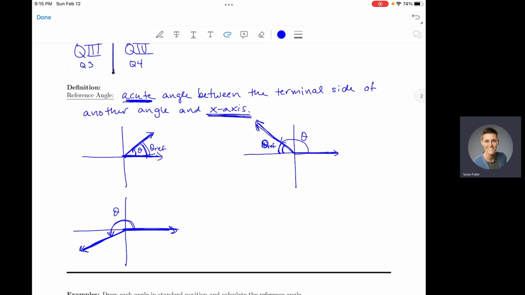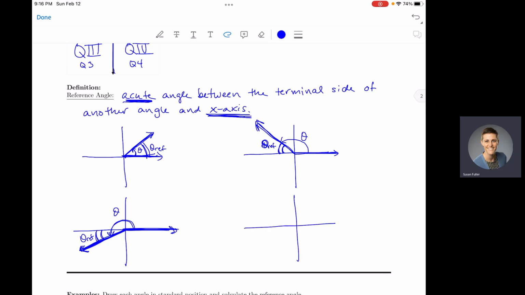Okay, so that's what theta looks like. Where is theta's reference angle? Well, it's the smallest angle between my terminal side here and the x-axis, which is this angle right in here. That is theta ref.